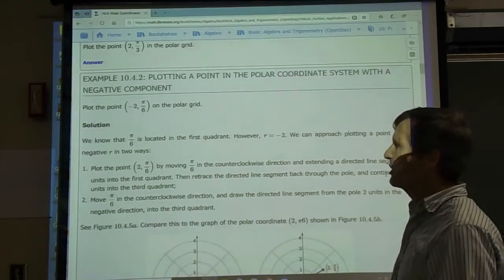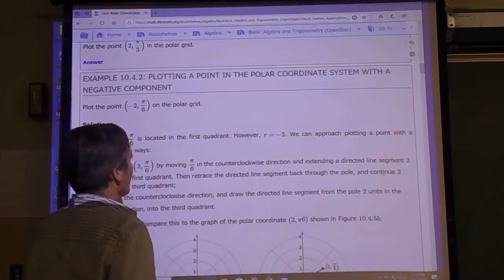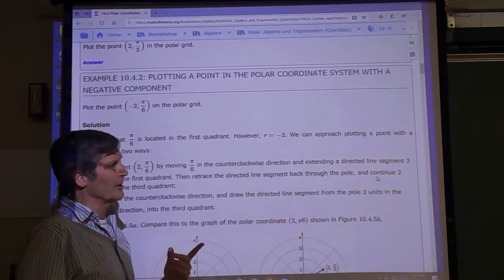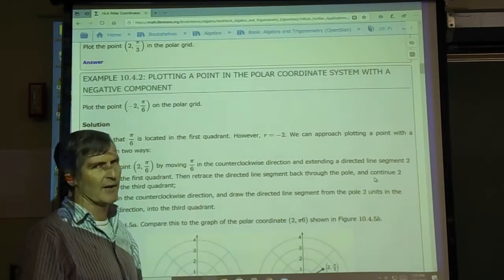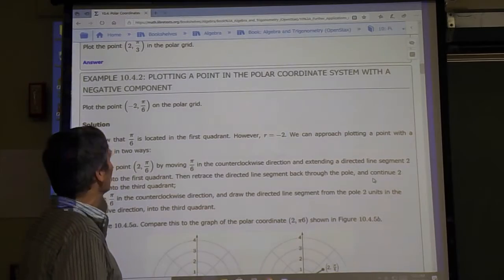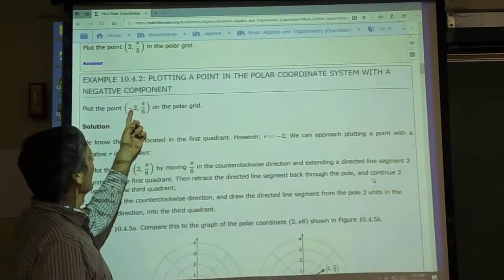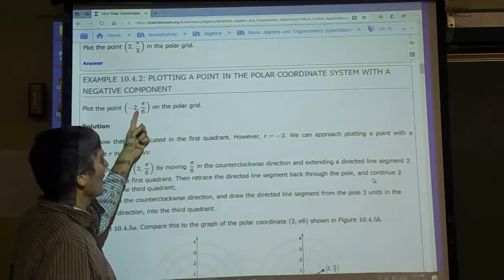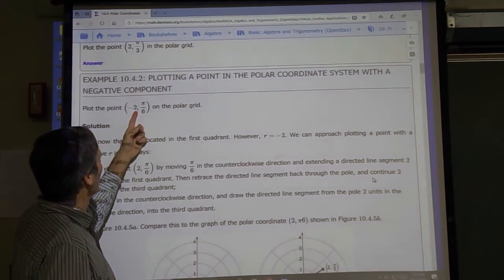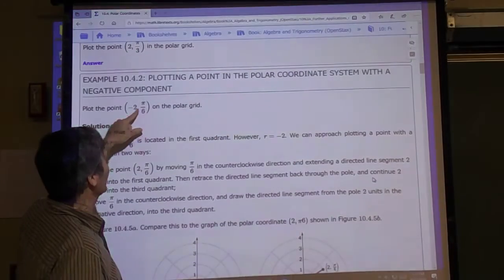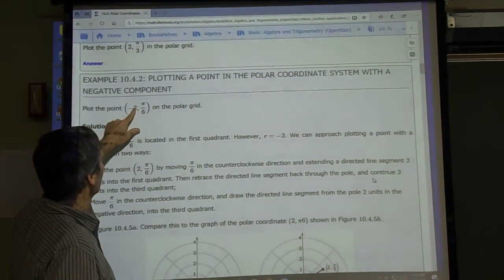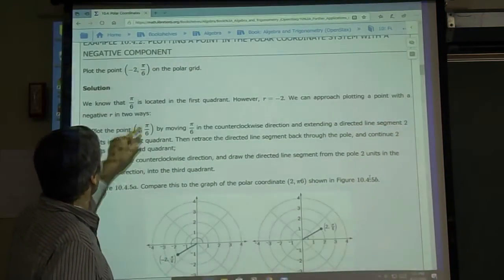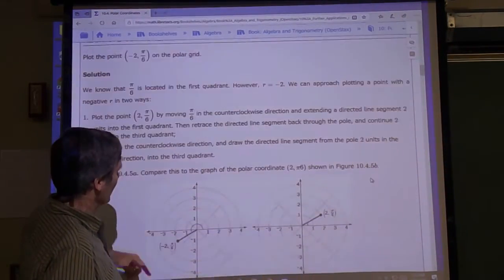Suppose I want to plot the point (-2, pi over 6). Didn't we say that r was the distance out? Well, it can be, but we make one additional exception just for generality of applications. It turns out to be convenient to allow r to be negative and the angle to be in the opposite direction. So I can go to points with negative r values by turning to this angle and then backing up whatever number of units this is. So I go backwards 2 units. Let's plot the point (-2, pi over 6).